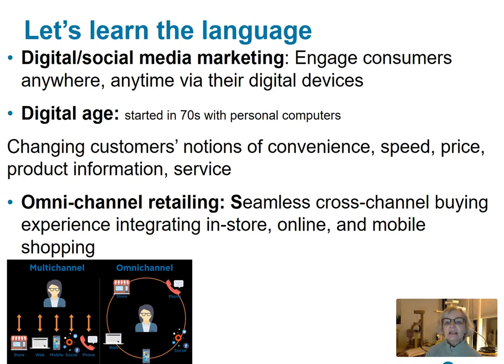Social media marketing means that we're using specific social media platforms. Many of them are already out there, like Facebook and Twitter and others. However, some companies also have created their own homegrown social media marketing platforms.